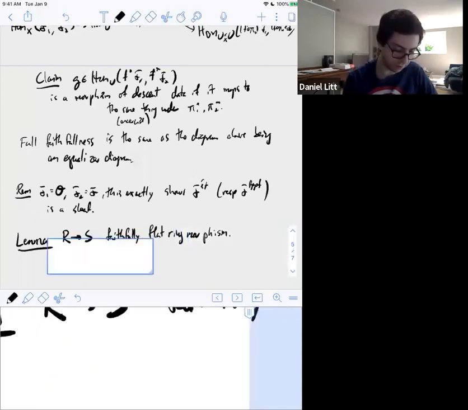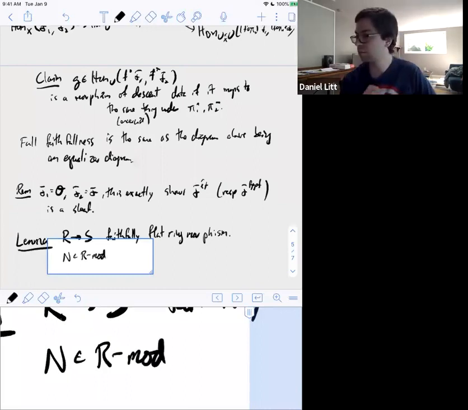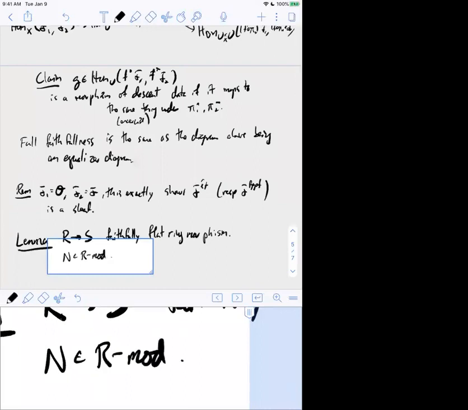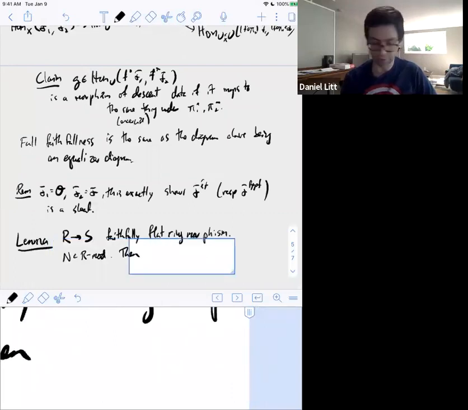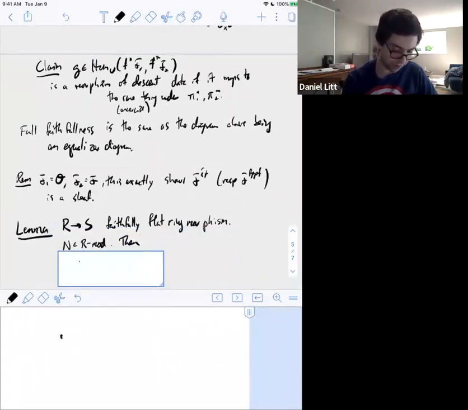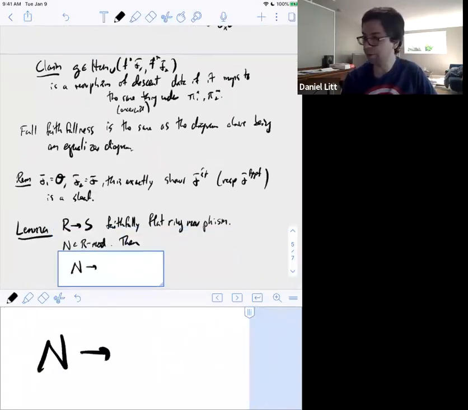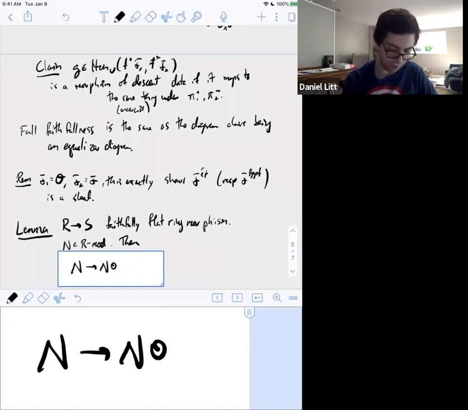And suppose I'm given an R-module N. Then there's the following diagram we can write down. We can take N, which maps to N tensored with S over R, via the map sending an element n to n tensor 1.